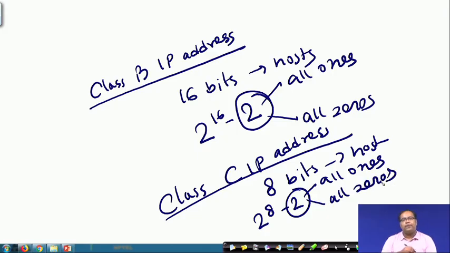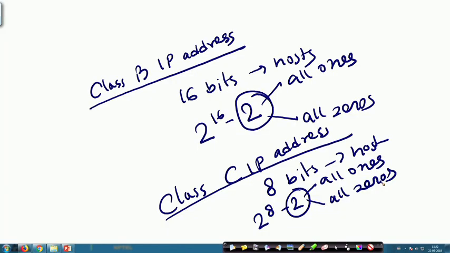all zeros. So, for a particular network address, we should not use all zeros at the host address part or all ones at the host address part, because these two denote the special addresses: the network address and the broadcast address.